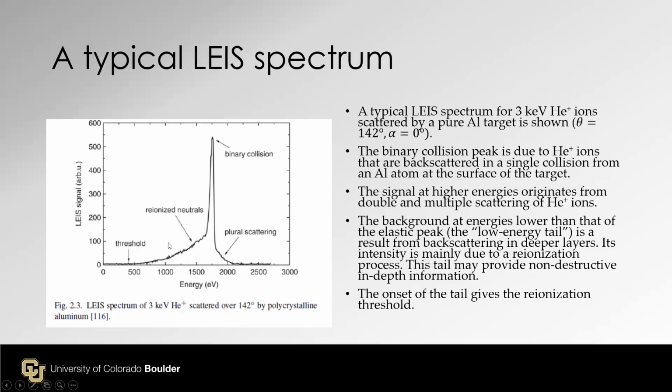In addition, it has some other things happening, but I'm not gonna talk too much about them here. The message you should remember is if you see the binary collision peak, any peak in the LEIS spectrum, that means that particular element should exist in the outermost surface, period.